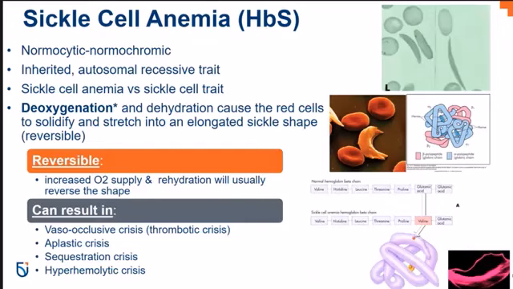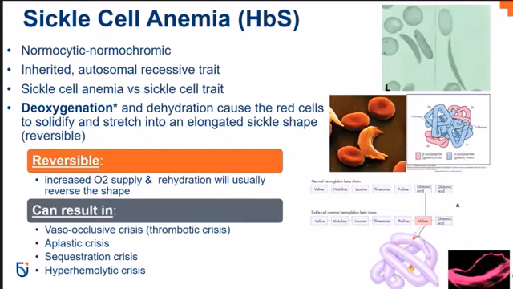With sequestration crisis, this is where large amounts of blood can become pooled in organs such as the liver and the spleen. So you can think of with sequestration crisis that the red blood cells that are sickled can get all stuck and cause almost a congestion within the spleen and within the liver, causing those organs themselves to not function properly.